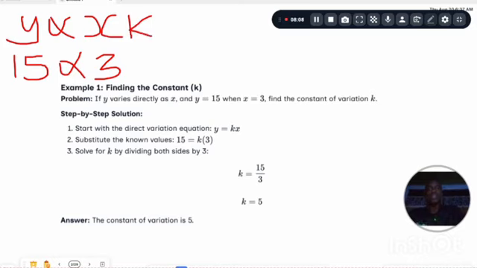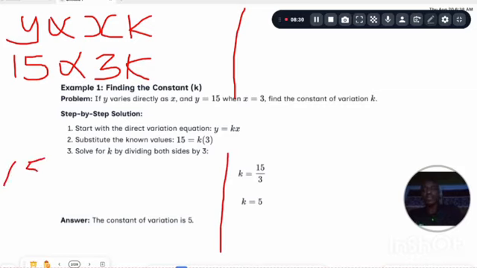So after having our 3 here, the k will also be here. So this makes sense now. 15 varies as 3k. Then now we know what we have to calculate. Now I can change the symbol to equals by saying 15 equals 3k.